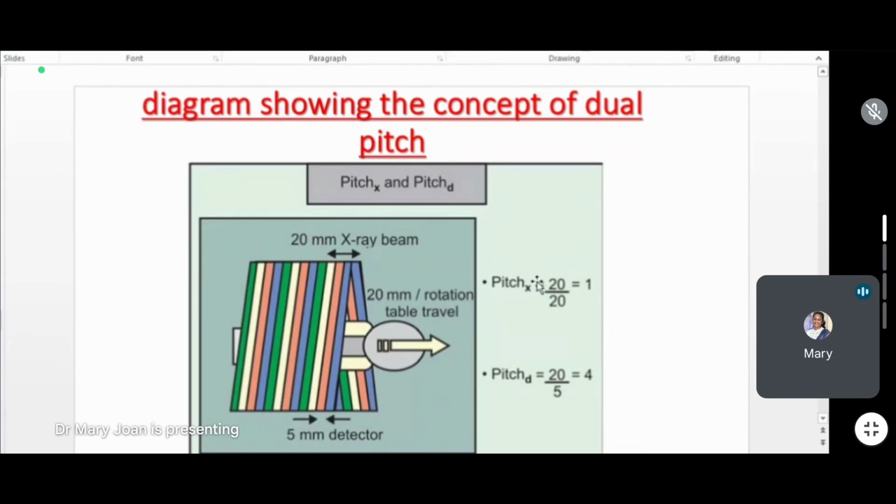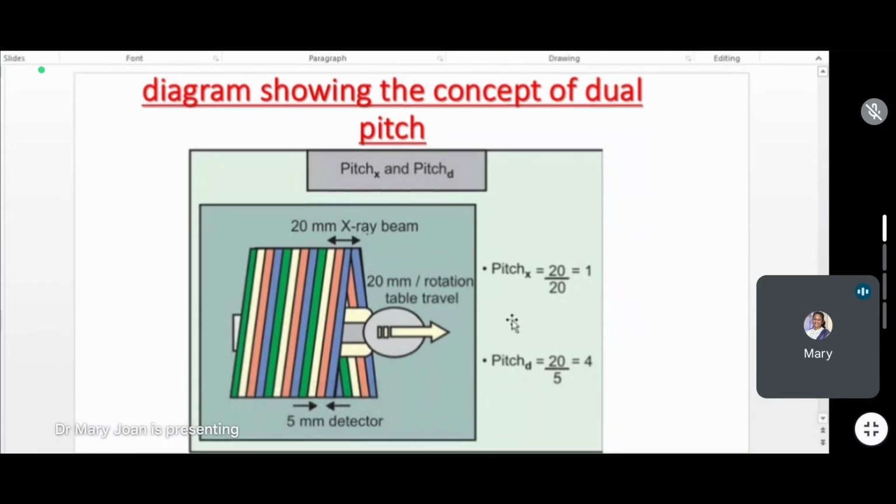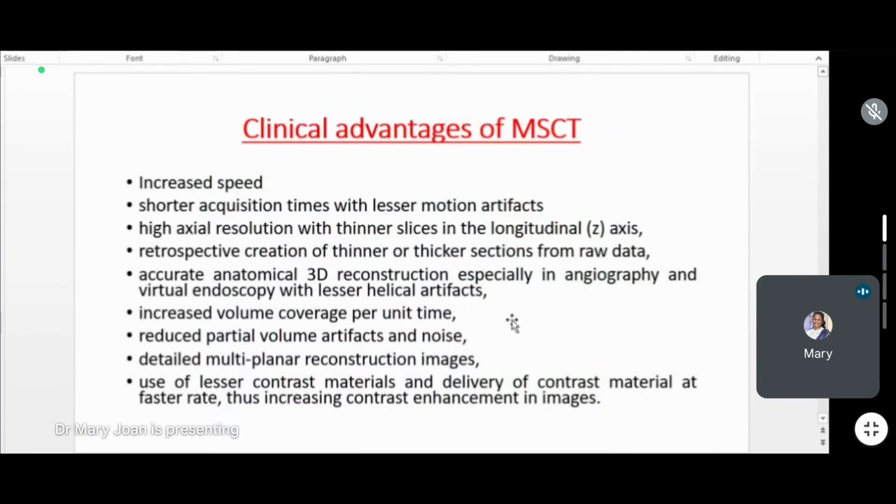So we have 4 colors here. The pitch is 20 by 5, which is 4.